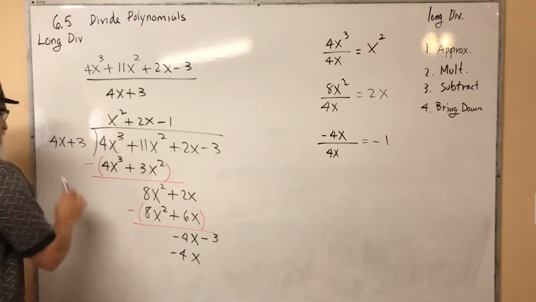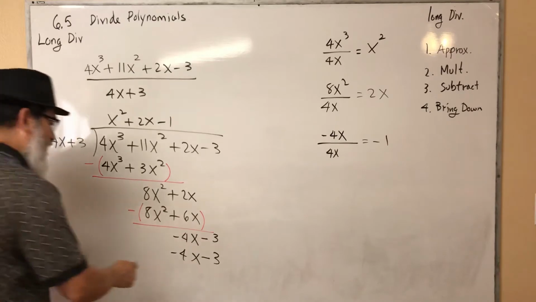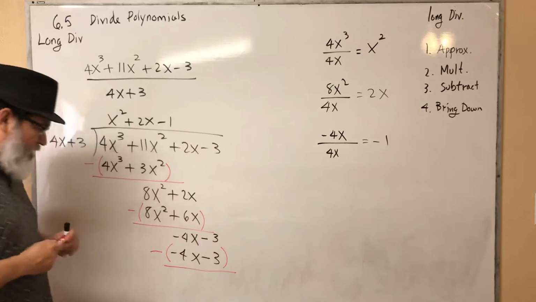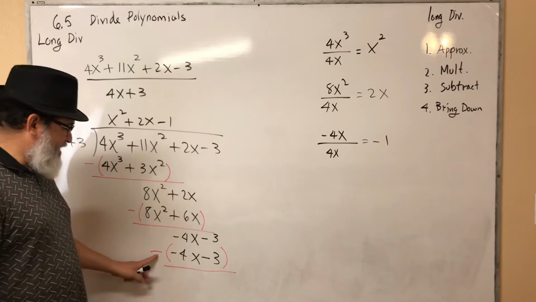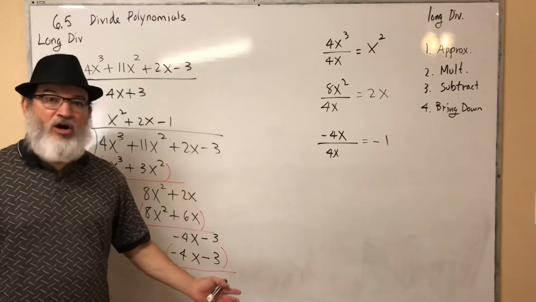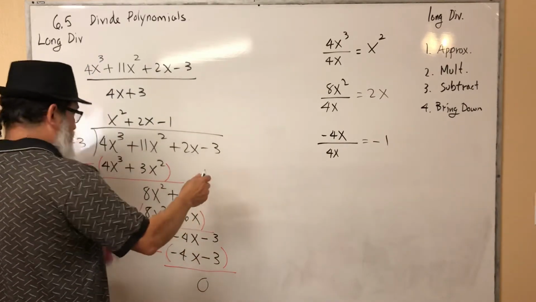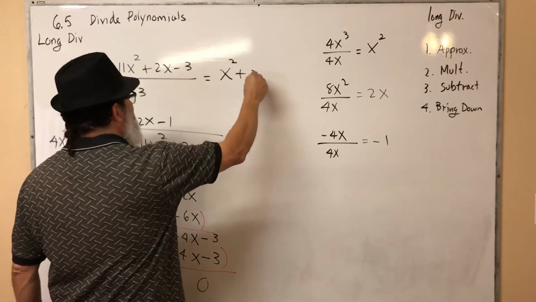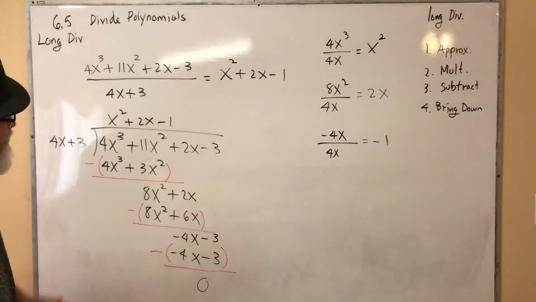Negative 1 times 3 is negative 3. And now we want to subtract. This negative makes this negative positive, you get 0. This negative makes this negative positive, you get 0. And so there's no remainder. So the solution is x squared plus 2x minus 1. That's the solution.